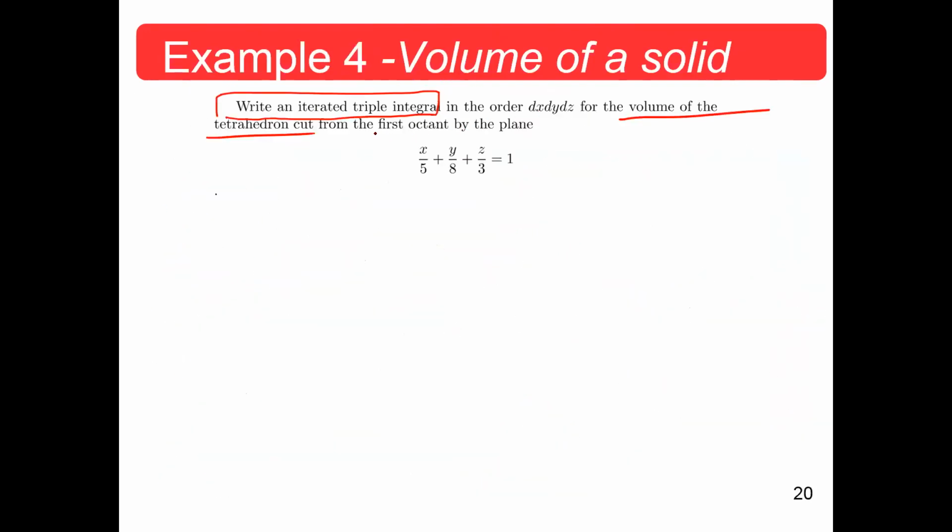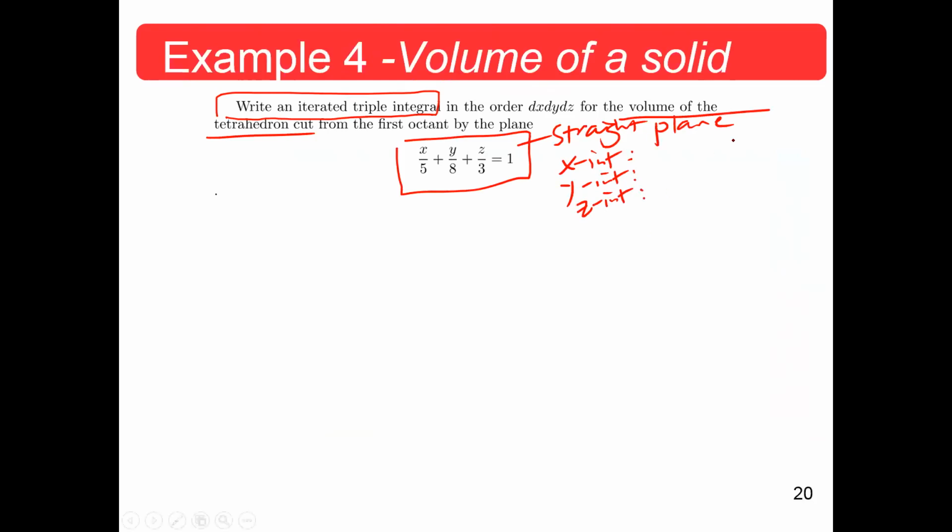The tetrahedron is cut from the first octant by the plane. So this is another straight plane. Can we tell the x-intercept, y-intercept, and z-intercept? Yep. The x-intercept will be 5, the y-intercept will be 8, and the z-intercept will be 3, right?